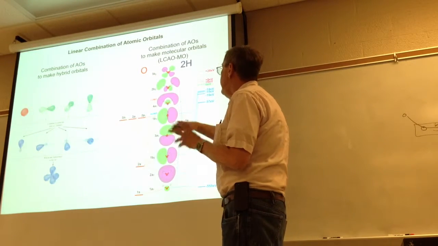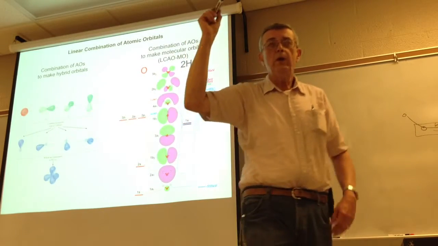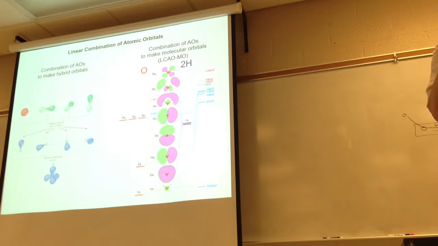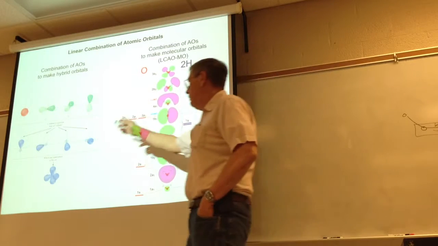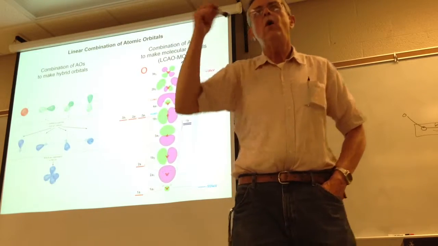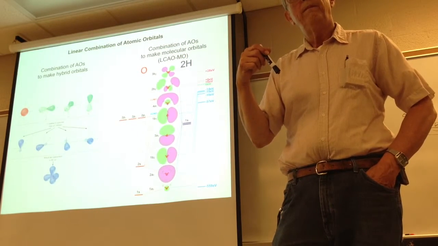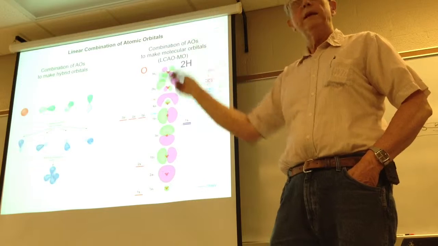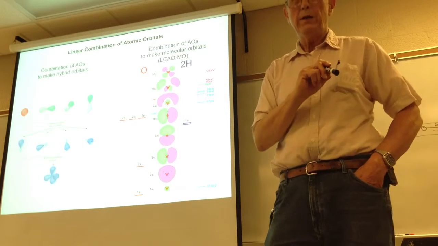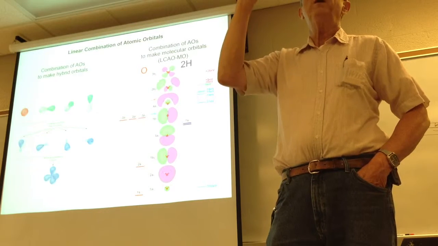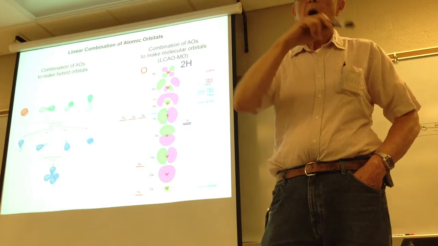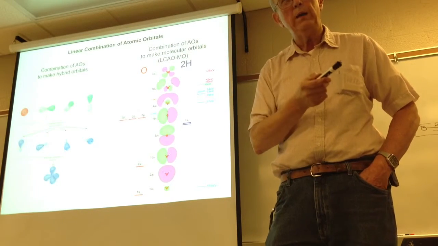So you're familiar with that concept. Linear combination, LCAO-MO, linear combination of atomic orbitals to produce molecular orbitals, is in principle doing the same kind of thing, except instead of limiting it, as we did here, to combining atomic orbitals on a particular atom to get some new kind of orbital, a hybrid orbital, now we're combining all the atomic orbitals on all the atoms in the molecule to form molecular orbitals that extend, in principle, to encompass the entire molecule.